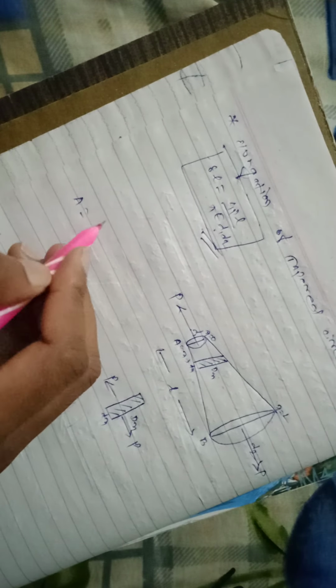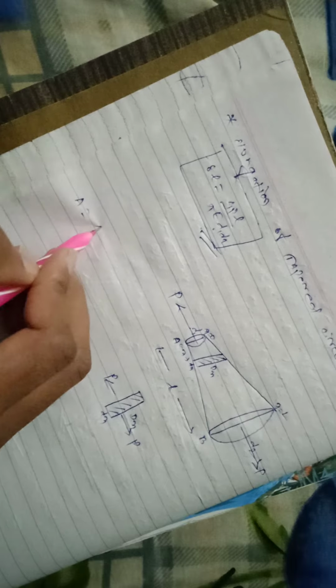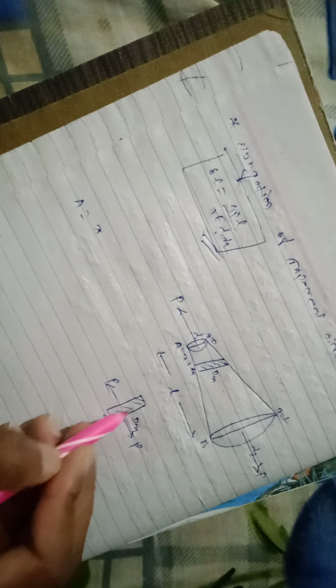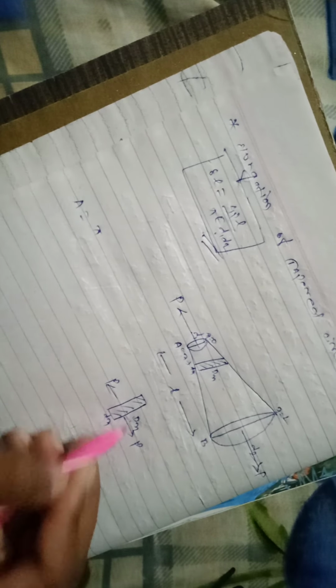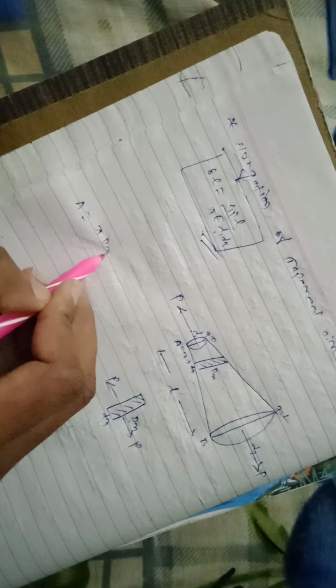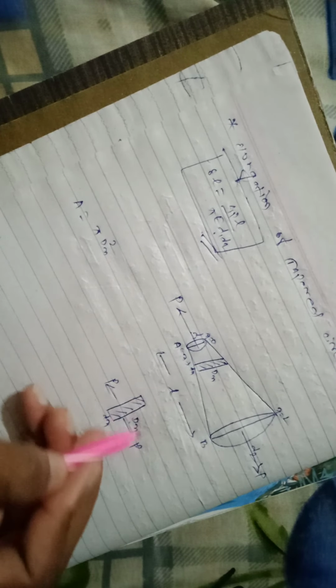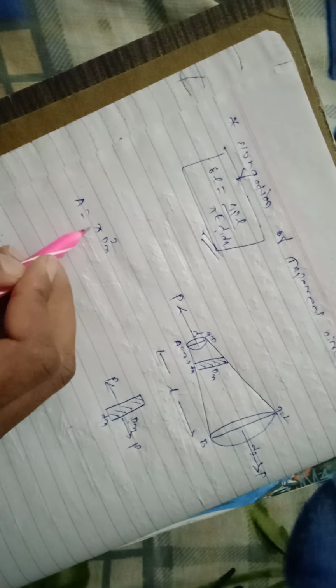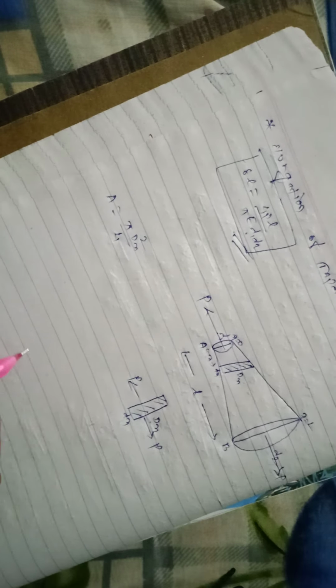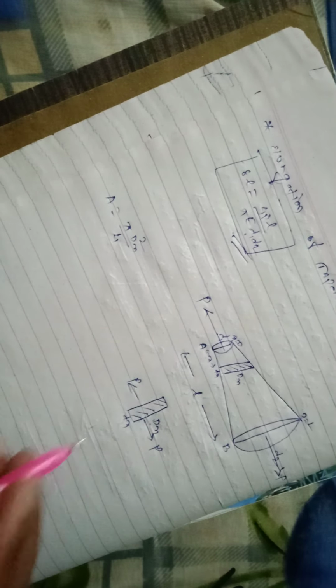This is in circular form, so what is the formula of the area of a circle? That is pi d square by 4. So this is pi, and what is the diameter? Diameter is dx, so it is pi dx square by 4. This is the area of this portion.